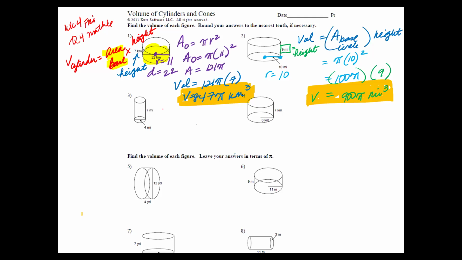Okay, let's take a look at the next part. So you look for the volume. Oh my gosh, why is this pen not working? This is ridiculous. Hold on. Okay.